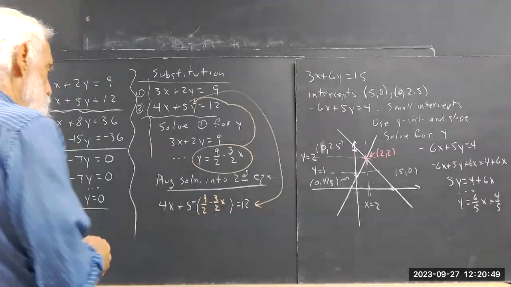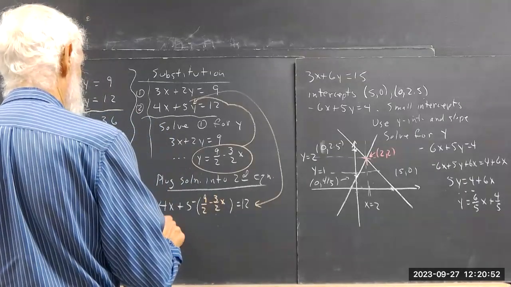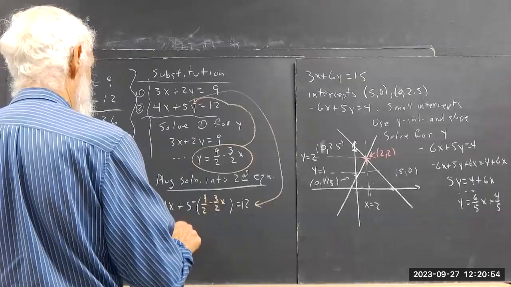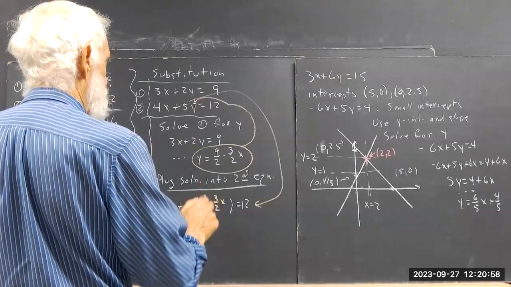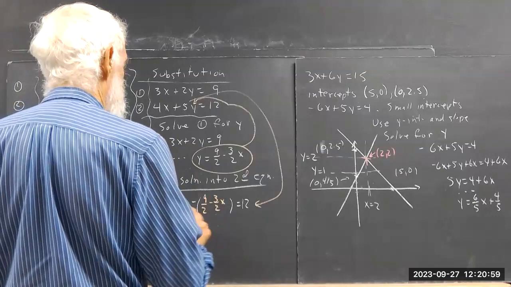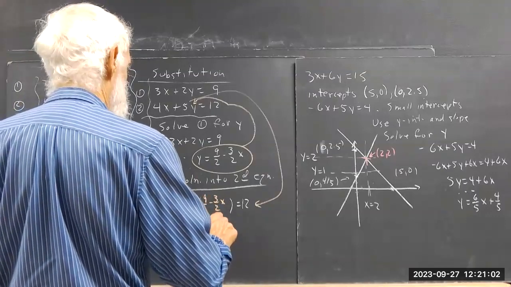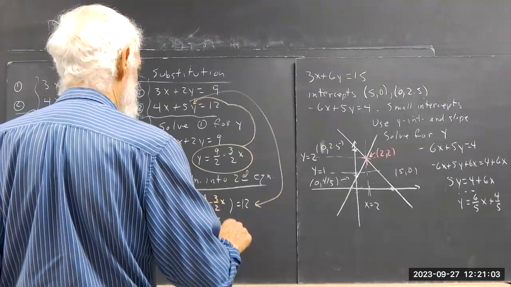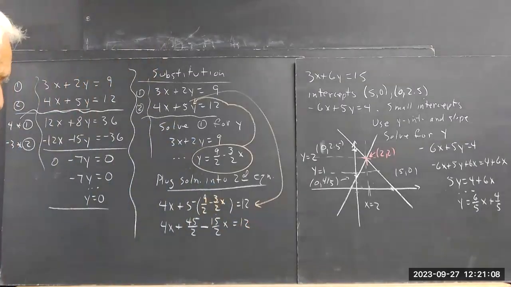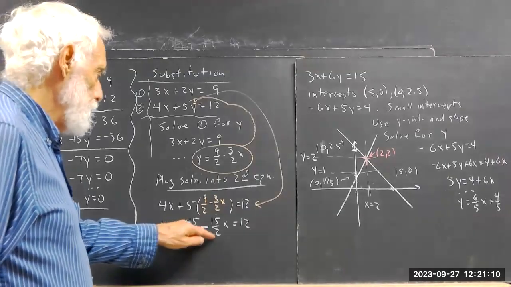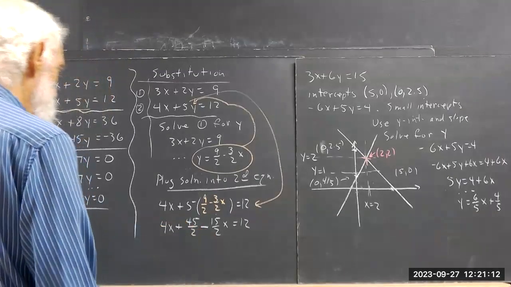Okay. Then we use the distributive law. 5 times 9/2 is 45/2. 5 times negative 3/2 is minus 15/2. And then, since we have denominators, we multiply both sides by 2.